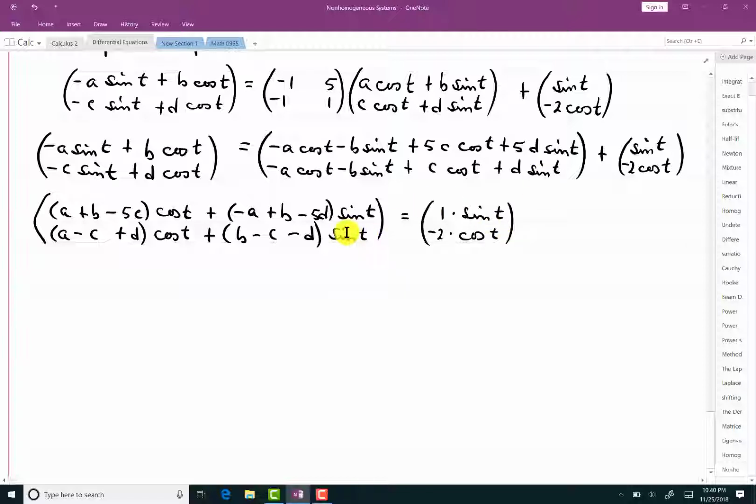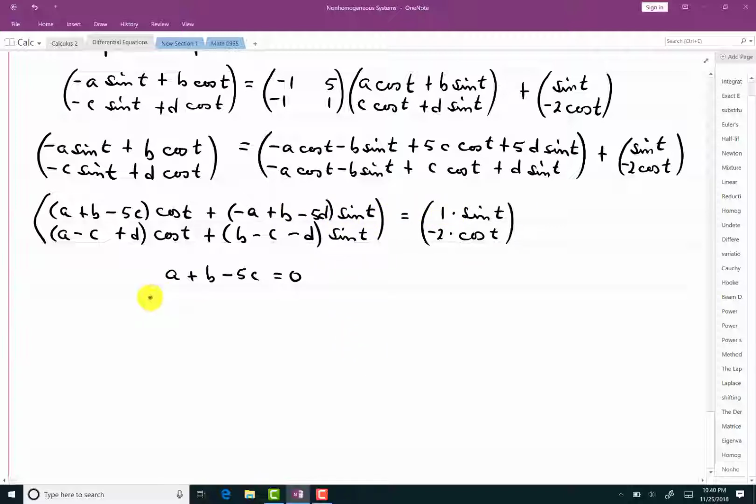From this, I'll be able to get 4 equations. For example, there's no cosine over here in the first row, so it's 0 cosine of t. So I'll get an equation for the first coefficient: a plus b minus 5c will equal 0. Next, I'll get this coefficient here is equal to 1, the thing in front of sine of t.